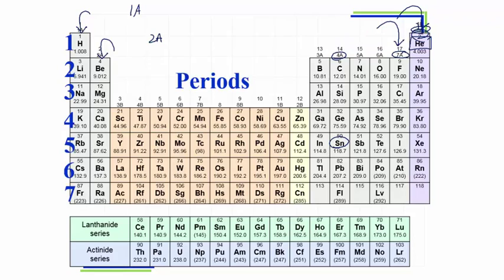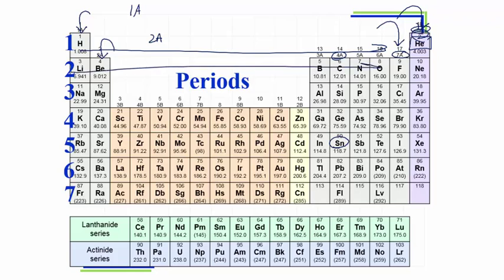Another thing that we need to make sure we know about the periodic table is that we can locate things by the period they're located in. So as we go across, those are periods. That's the first period, this is the second period, this is the third period. So if I were to ask you for a halogen in the 4th period, you would be able to locate bromine.